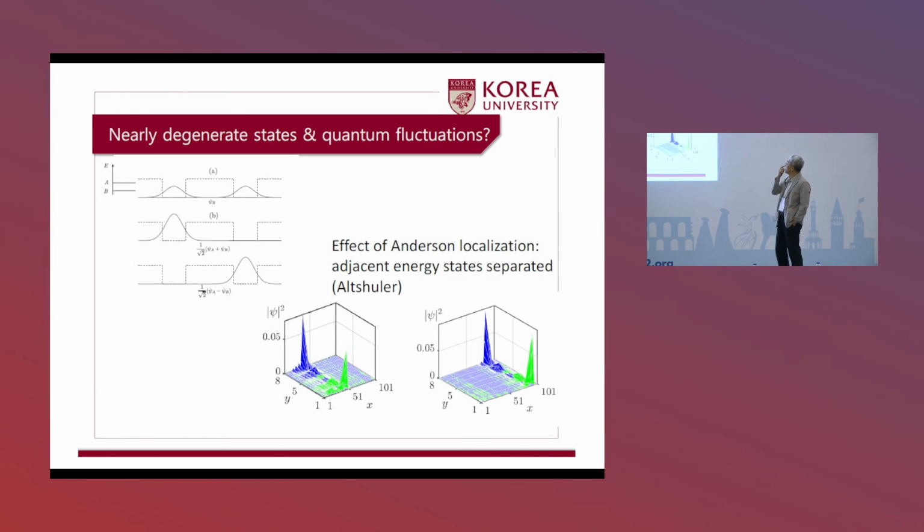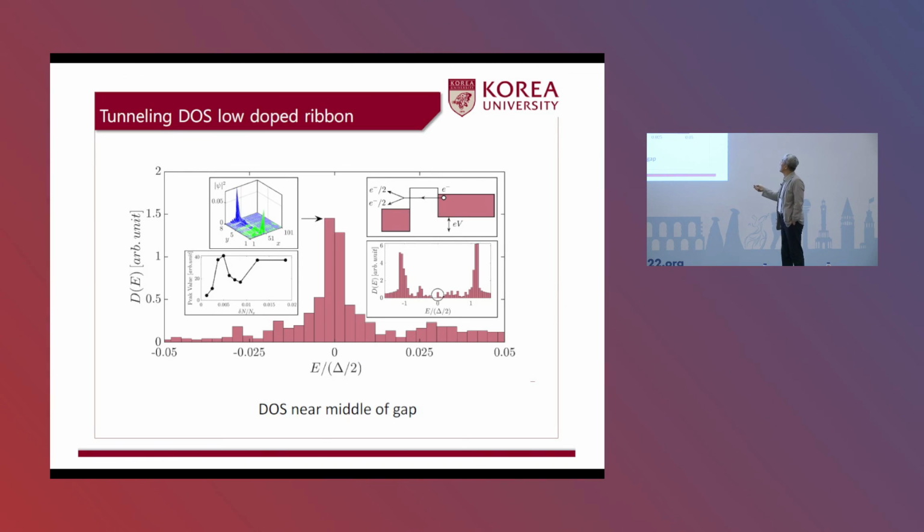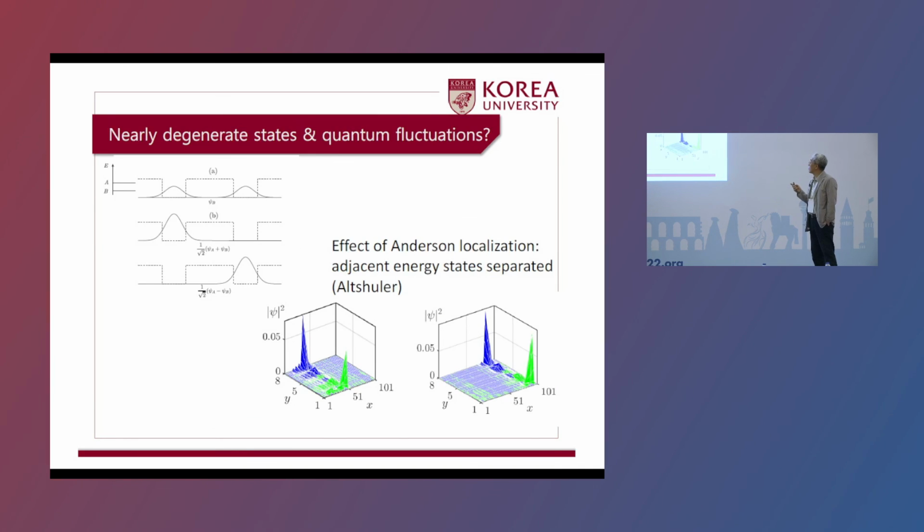Okay, now, this is some interesting physics. Here, you see that the fractional states are quasi-degenerate. So quantum fluctuation may destroy fractional charges, but I argue that that's not the case. That's because of the Anderson localization effect. What is the Anderson localization effect? I don't think many people realize this.